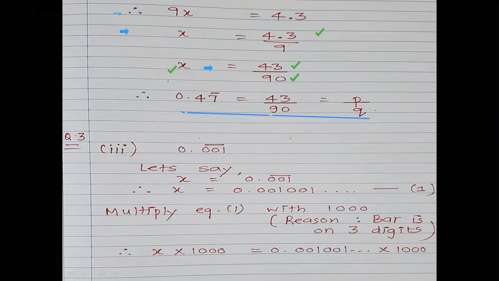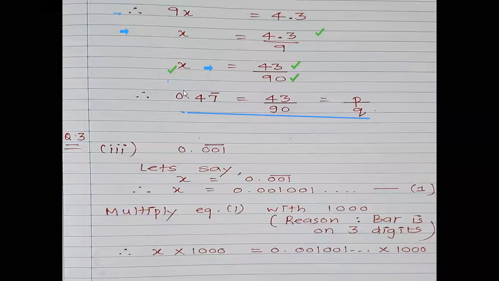I hope you're clear with the second question. And you will observe that the method was the same. First, to represent the given question in the form of x, and then identifying and observing how many digits the bar is on, and accordingly multiplying x with 10, 100 or 1000.